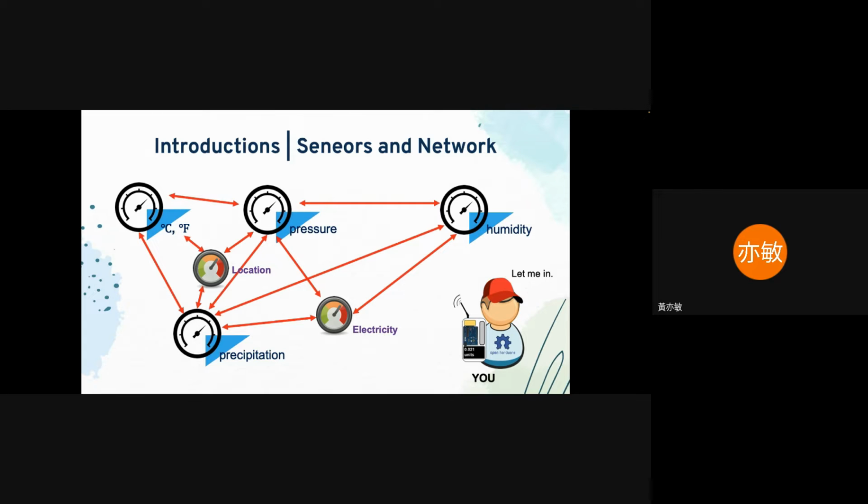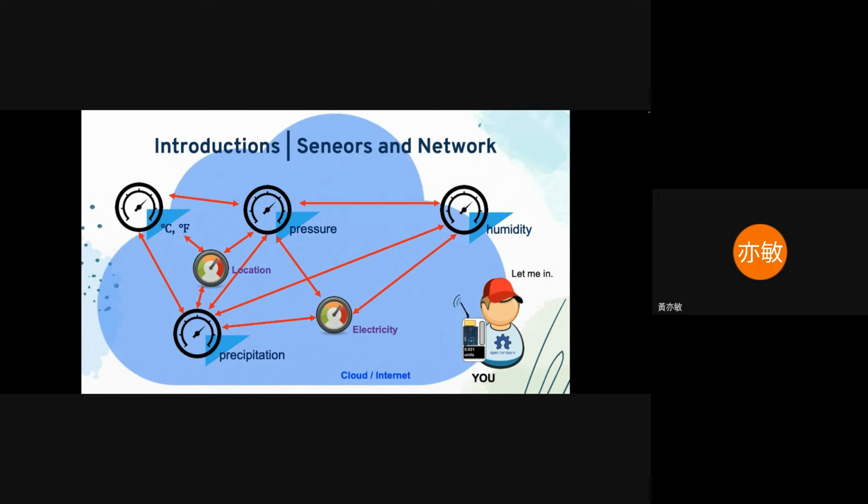If the sensor senses the electricity has some irregular response, then it will send out warnings to you, and then you need to take a look at what's going on in your house. So we want the sensors to communicate with each other. That is the sensor network. We try to connect them together.